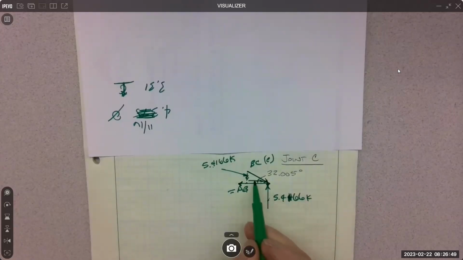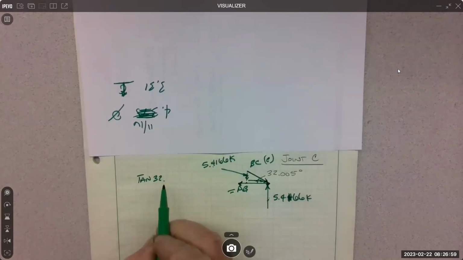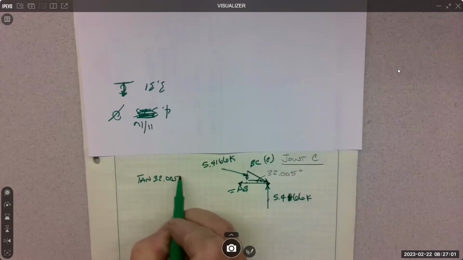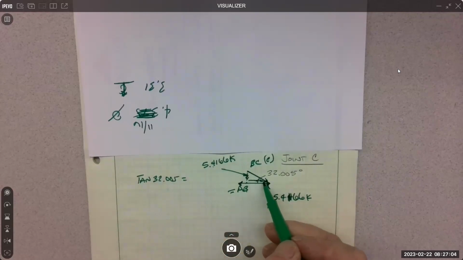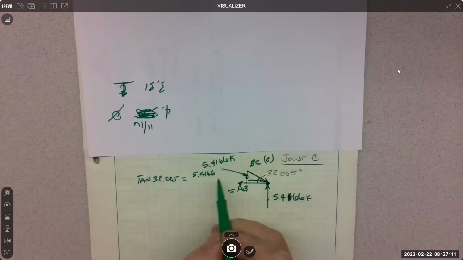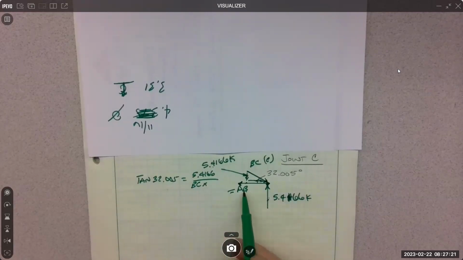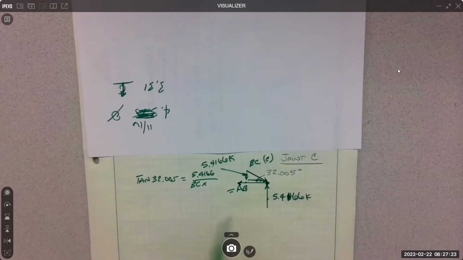So I'm going to use tangent. That's opposite over adjacent. That means I'm going to get this X force right there. So if I write tangent 32.005, and I'm using this BC triangle right here, opposite 5.4166 over, I'm just going to call it that, BC X force, which is equal to AB. Those two are equal to each other.